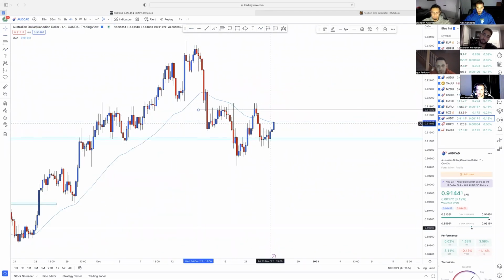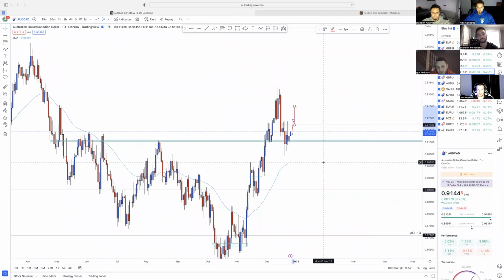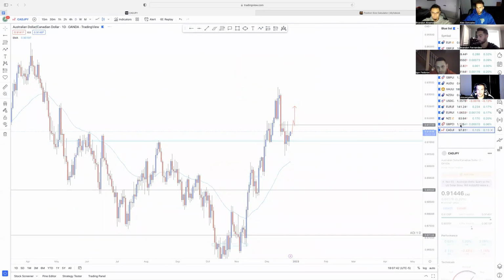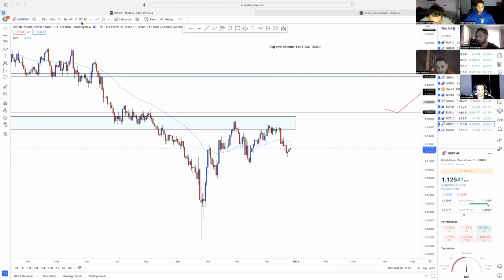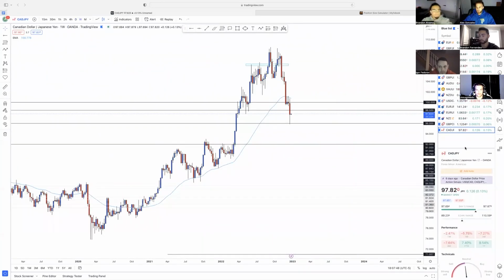We mark it off here. This actually looks pretty good because we left a head and right shoulder. Since we can't get in at the right shoulder, I actually like this one. We could get in at the break and retest of the neckline. Looks okay, doesn't look that crazy. And then GBP CHF, I'm good, and CAD JPY, I am good.